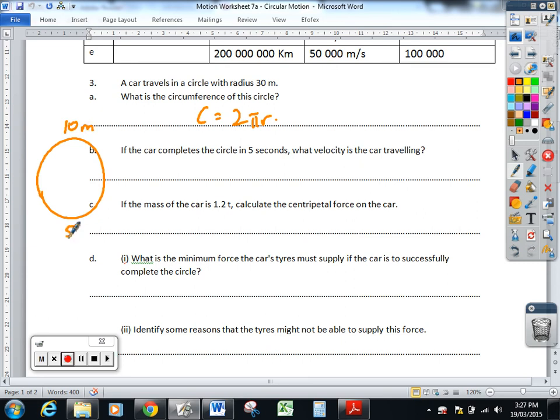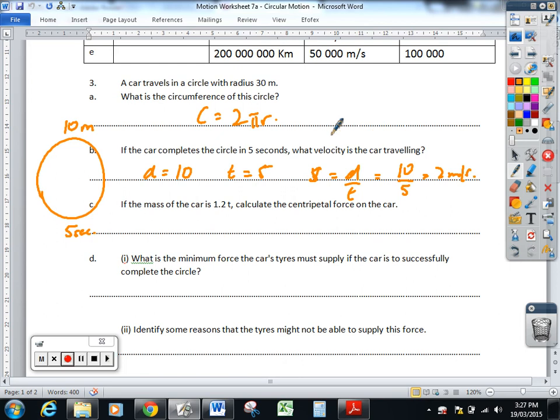And it happens in 5 seconds, then the distance travelled in the 5 seconds is 10 and the time is 5. So therefore, velocity or speed is distance over time, which is 10 over 5, which is 2 metres per second. In this question here, the car completes a circle in 5 seconds.